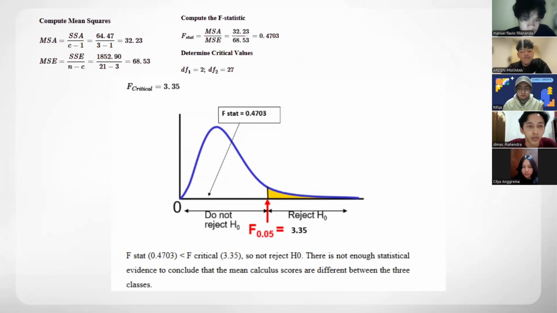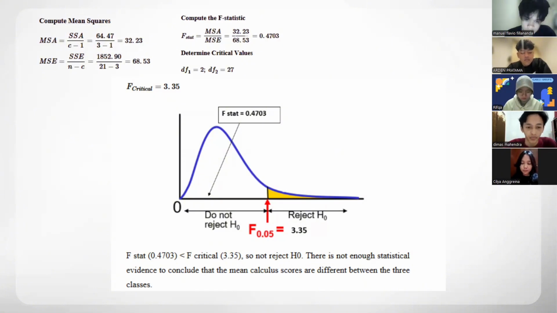And then we compute the mean squares: MSA, we get 32.23, and MSE is 68.43. And then we calculate the F statistic and we get 0.4703.